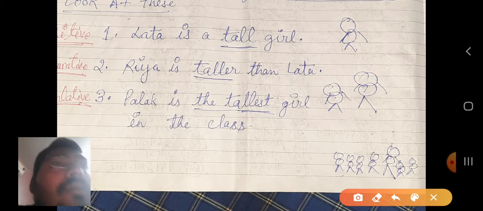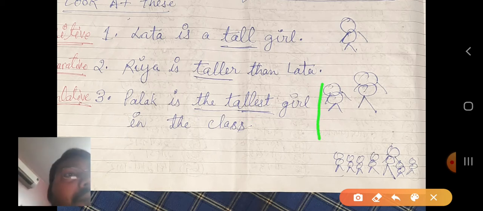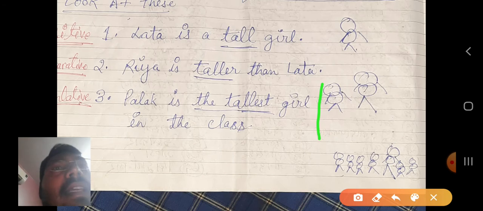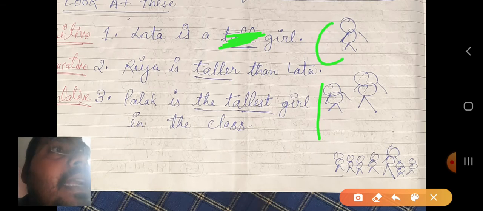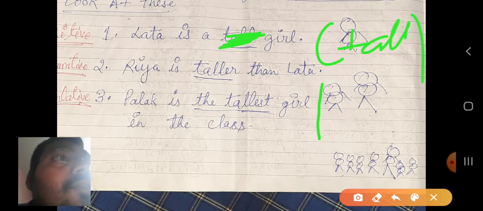Now, how are the questions asked to you? Suppose they give you a sentence like "Lata is a ___" with a blank, and in the bracket they write tall. What will you use?